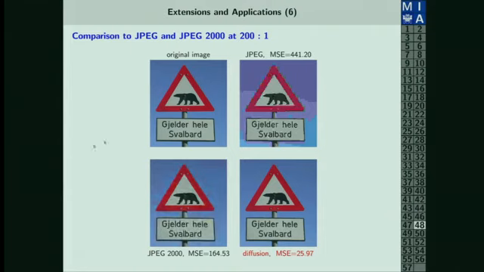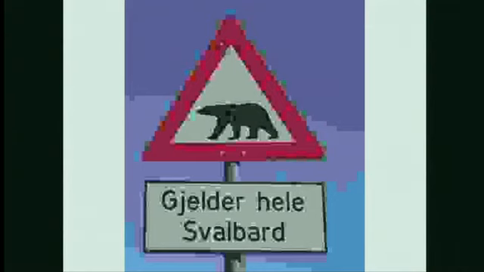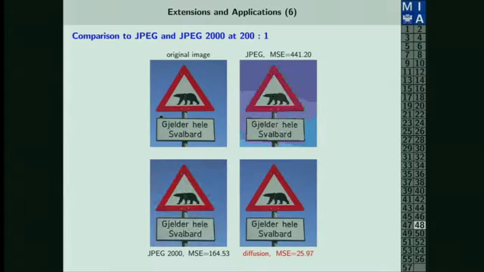So here is the original image. This is JPEG at 200 to 1, JPEG 2000 at 200 to 1, and homogeneous diffusion at 200 to 1. So at least for these piecewise constant or almost constant images, that is something which is relatively natural.